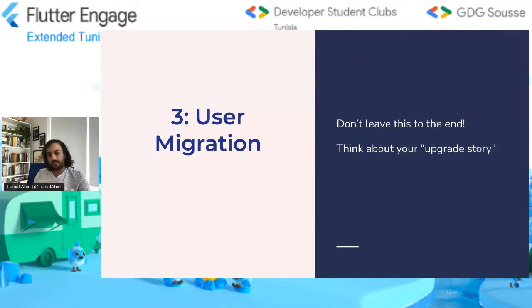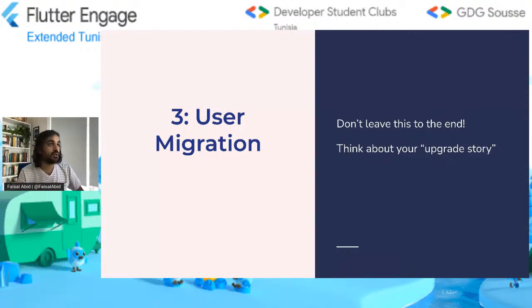You want the user to come back to the app and be logged in, but automatically be upgraded to the Flutter world. So think about user migration. It's very complicated to do this at the very end because you've already built your entire app architecture in a certain way, and then you go, oh no, I have to think about how to migrate my old users from something like SQLite or Core Data. How am I going to bring all those users to using something somewhere in Flutter, right? So think about the user migration story.